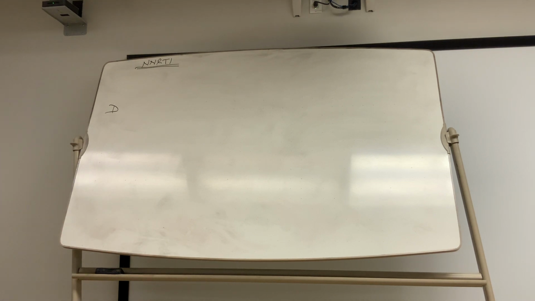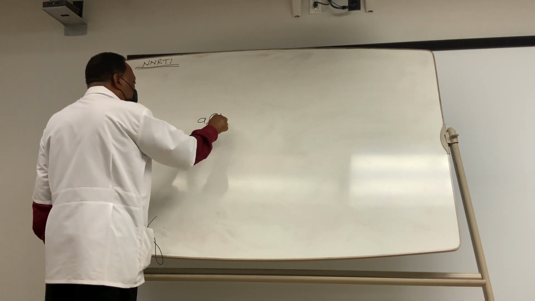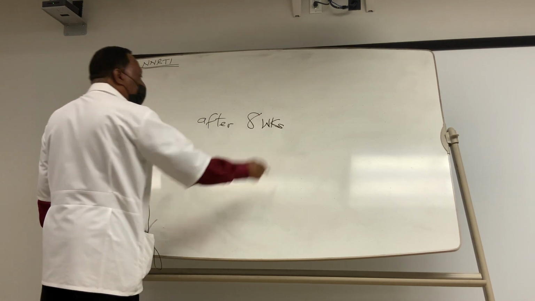It can be used when it's combined with another agent like lamivudine. The only stipulation is that you must not administer it to a pregnant patient until after the pregnancy is 8 weeks old.